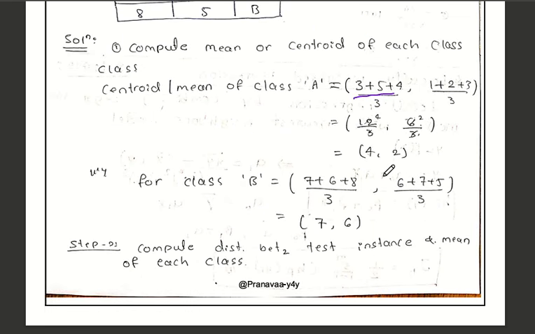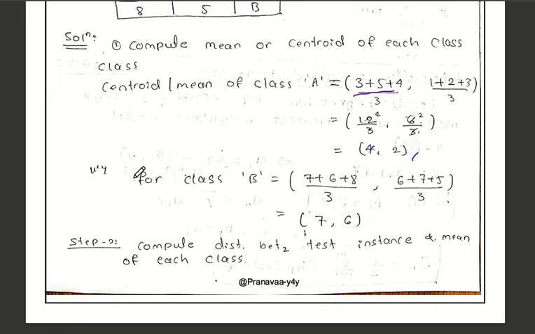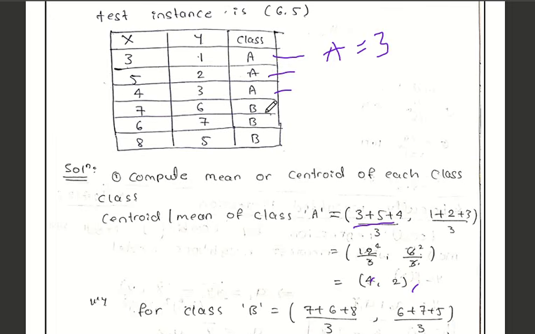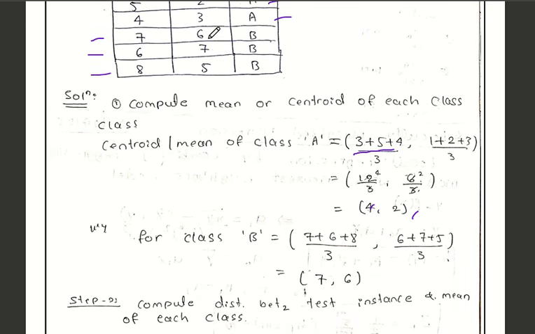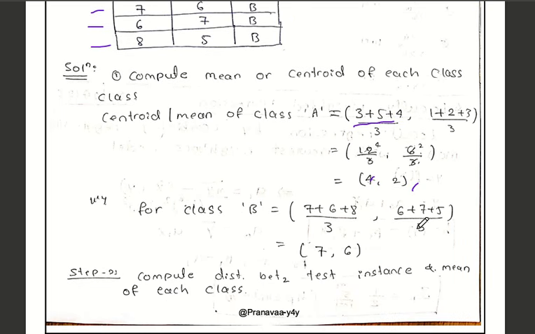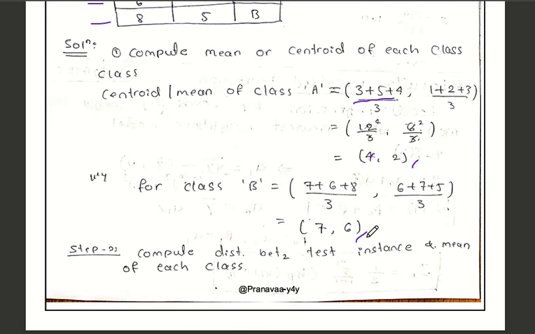Once you solve it, you will get 4 comma 2, that is the centroid mean of class A. Similarly you need to find the centroid mean of class B: 7 plus 6 plus 8 divided by 3, 6 plus 7 plus 5 divided by 3. Then we get 7 comma 6.